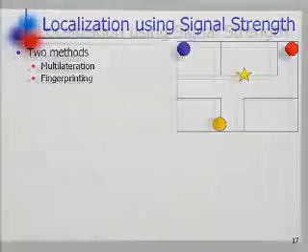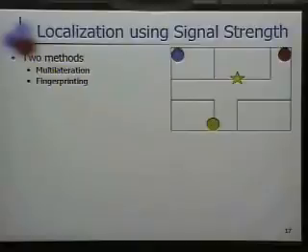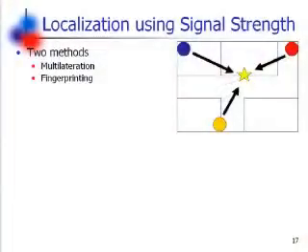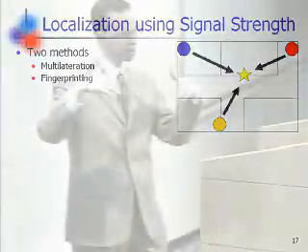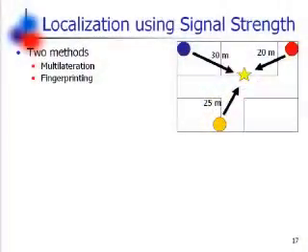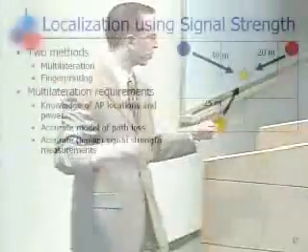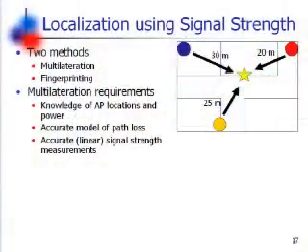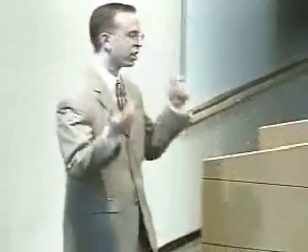If we consider a building where we have 3 access points shown as circles here and a device shown as a star that we want to locate, what we do using multilateration is record the signal strength from the devices and then turn that signal strength into a distance using some path loss model, and then we can locate where the device is. Now this requires, of course, knowledge of where the access points are and their power, and the real challenge here is the model of the path loss. But on the device side, what it requires is linear RSSI measurements.